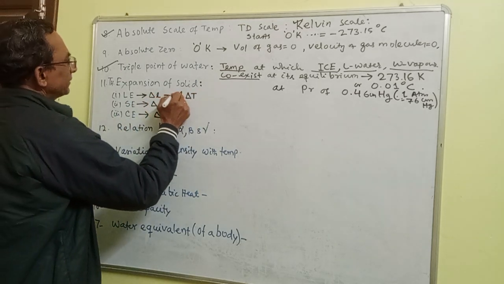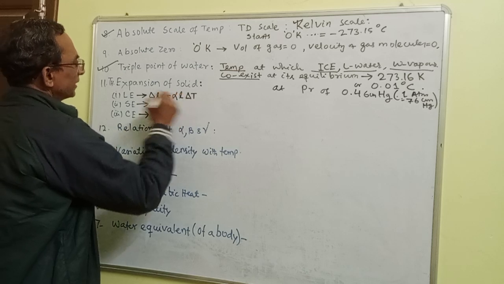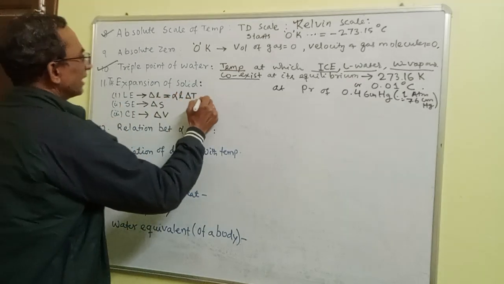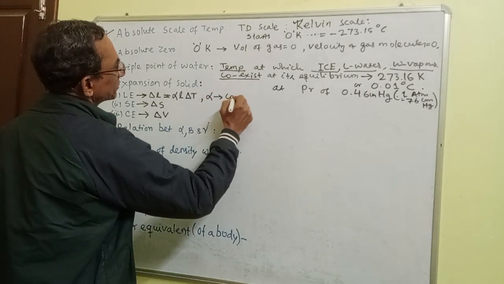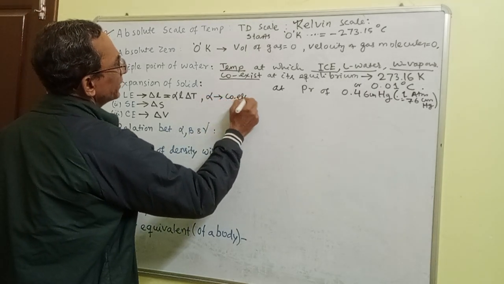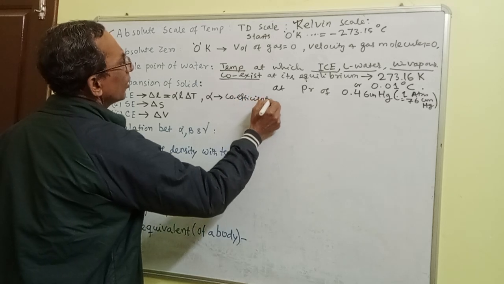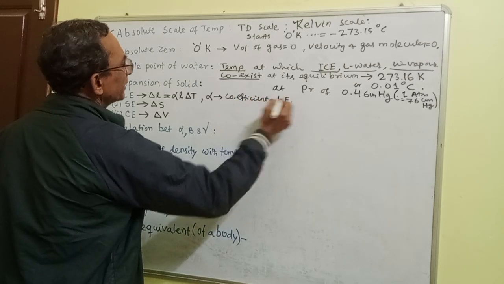Once you equate it, it becomes a constant alpha. This alpha is the coefficient of linear expansion.